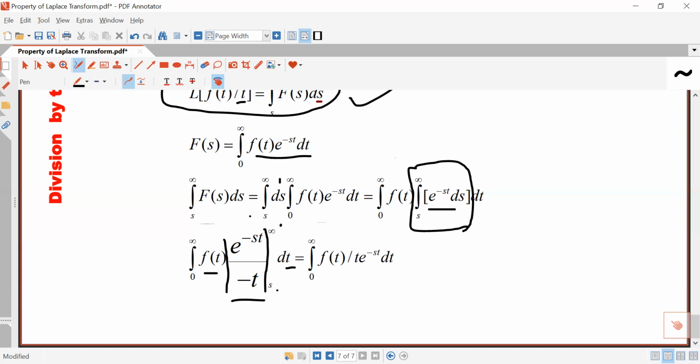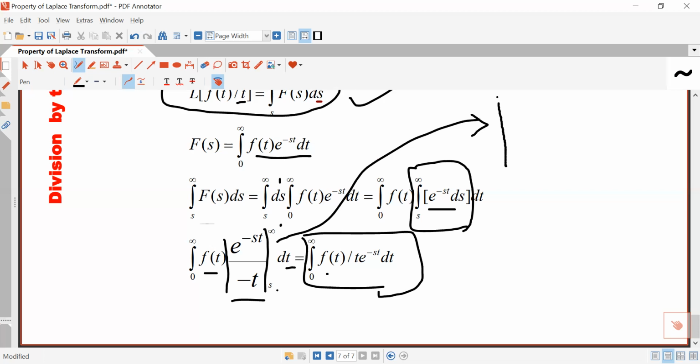And when you put s in place of s, you will get e to the power minus st divided by minus t, and the minus sign will become plus. So finally you will get this expression. Once again, I am substituting the limits. When you substitute e to the power minus infinity, you will get 0, minus the value at s, which is e to the power minus st divided by minus t.